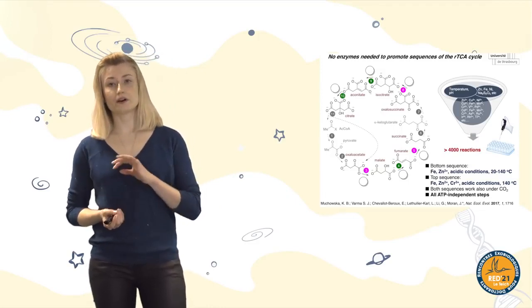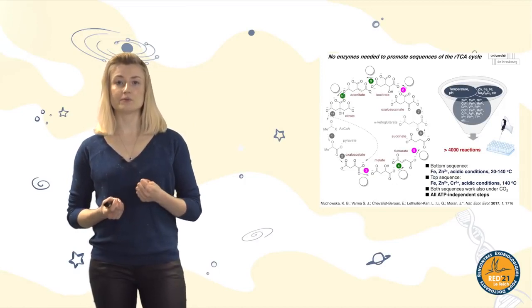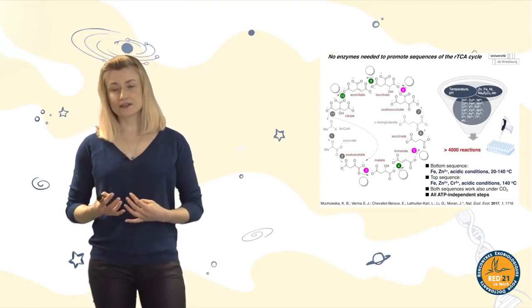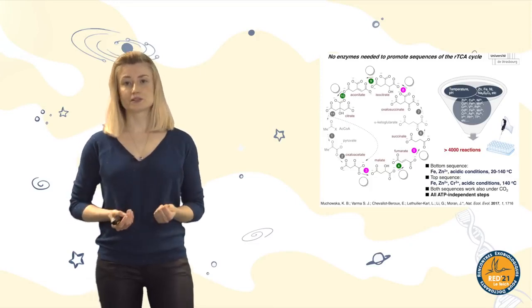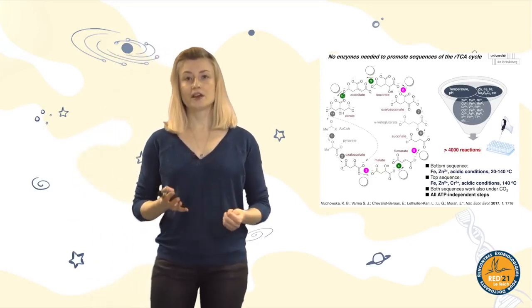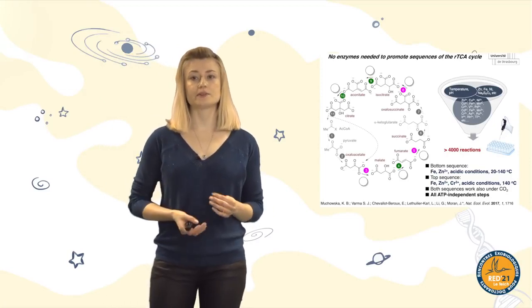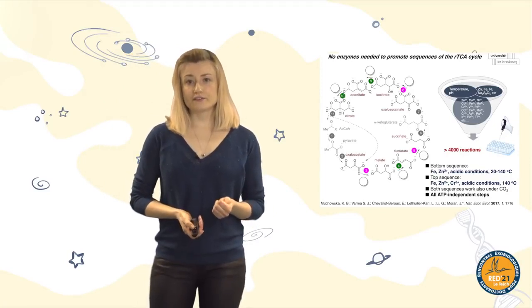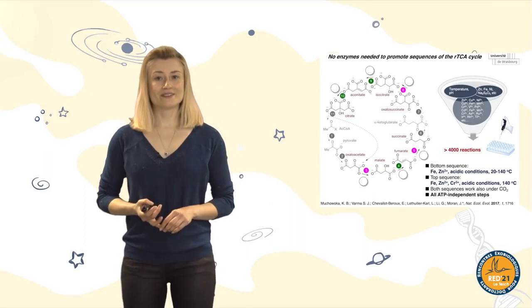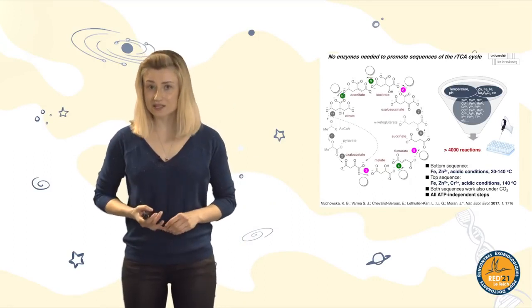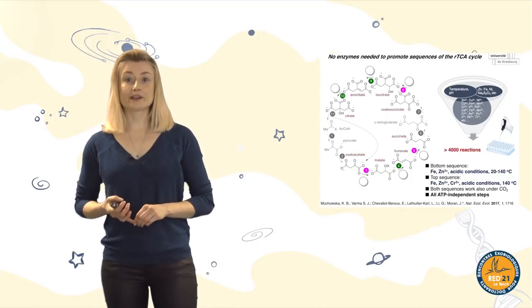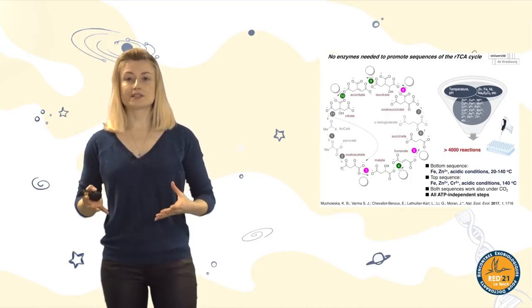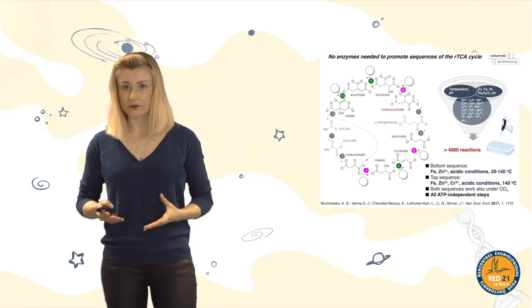So this upper arch of the cycle also can be promoted by iron and transition metal salts, so in this case also zinc salts and chromium salts, under acidic conditions as one continuous sequence. So for what it's worth, it was probably, to the best of my knowledge, the first example of entire sequences of a biochemical pathway that can be promoted non-enzymatically in one go, in one pot.